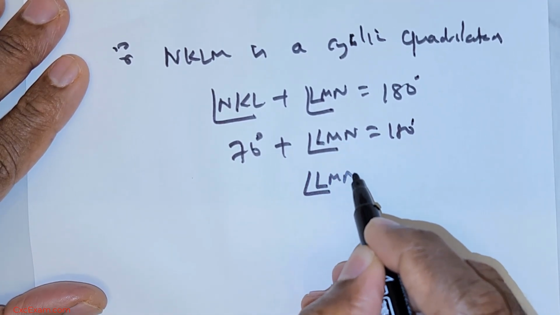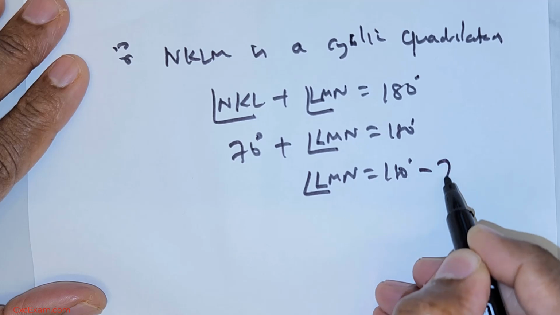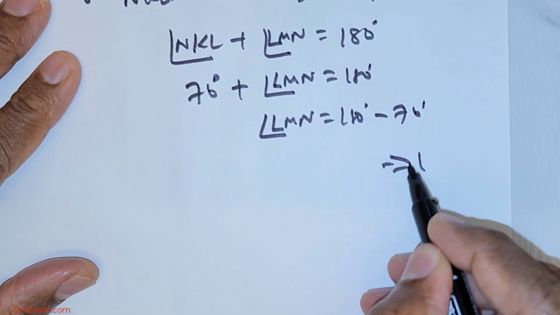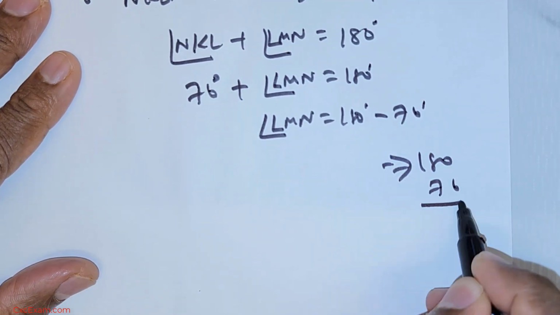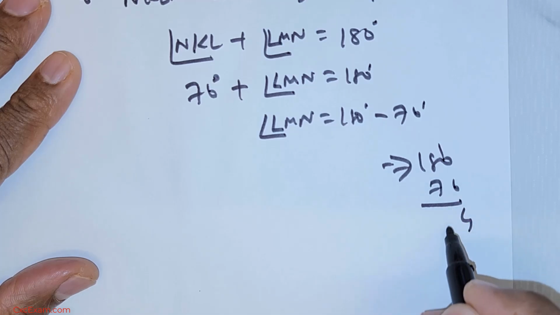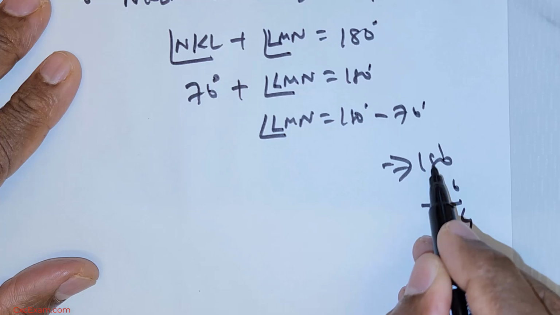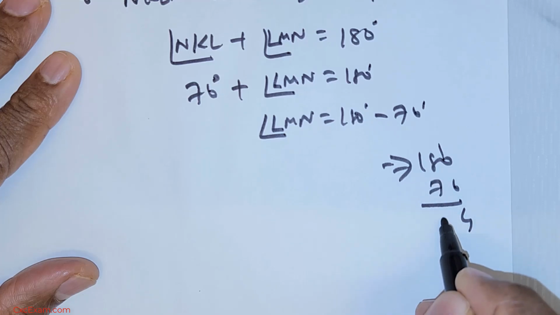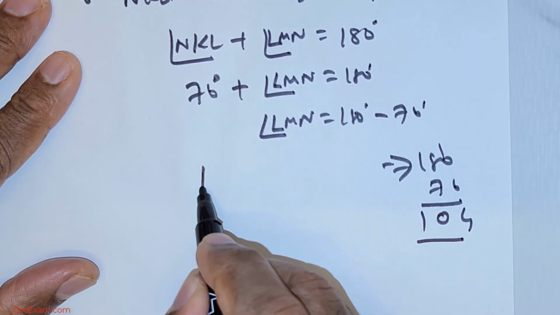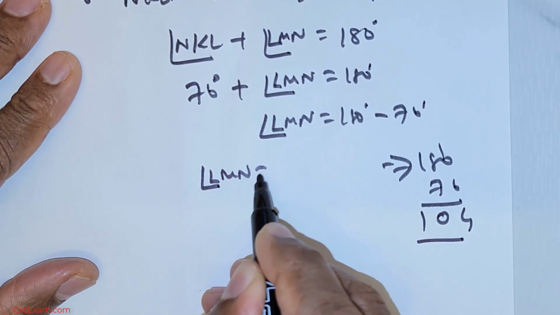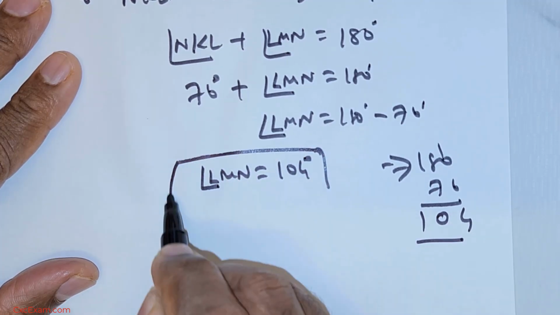So LMN is equal to 180 minus 76. From 180 you take away 76, which gives 104 degrees. So LMN is 104 degrees.